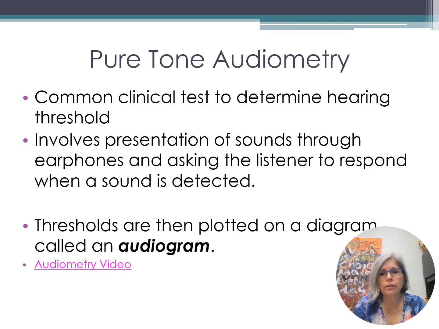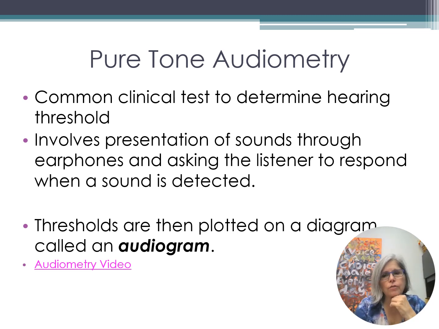This is what we all have done throughout school. School nurses, counselors, whoever administered these at a screening level in school. If you were fortunate, you had an audiologist at your school and the audiologist did these tests. Again, at school, it's a screening level, but this is the same idea.